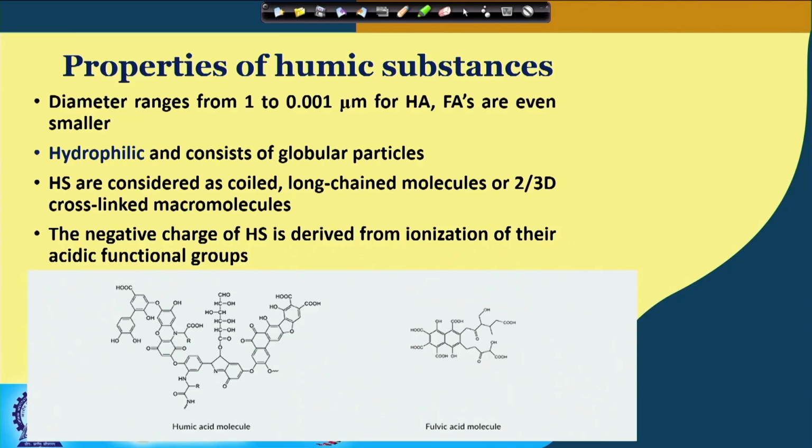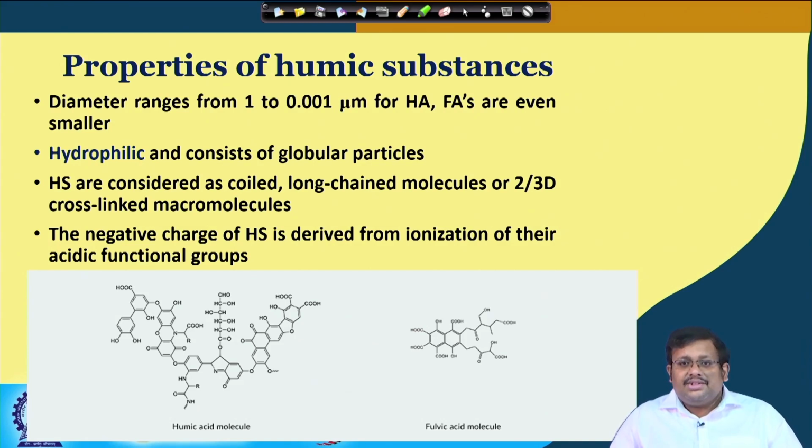We have discussed the major difference between the humic substances and non-humic substances, and then we have discussed the 4 humus formation theories, and also we have seen how water can act as a major carrier for movement of soil organic matter in different water bodies.